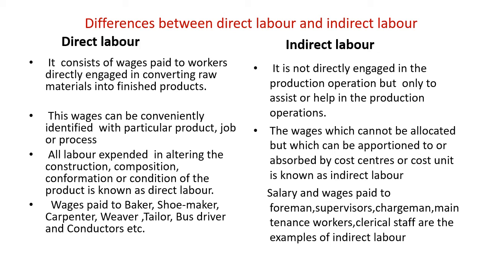The wages which cannot be allocated, but which can be apportioned to or absorbed by cost center or cost unit, are known as indirect labor. Salary and wages paid to foreman, supervisor, chargeman, maintenance workers, clerical staff are the examples of indirect labor.